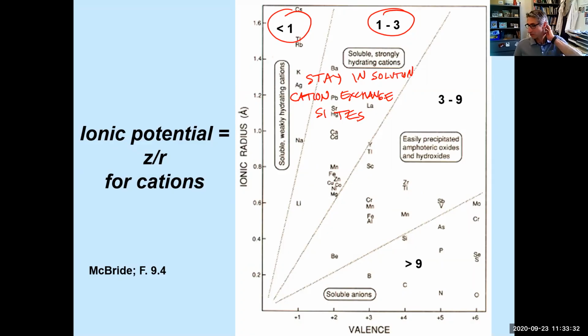Now, as we get higher in ionic potential and move to 3 to 9, these are easily precipitated and amphoteric. I'll define what that means in just a minute. They form oxides and hydroxides. Good examples that fit into this category are iron and aluminum. We talked about iron and aluminum this week in the activity.